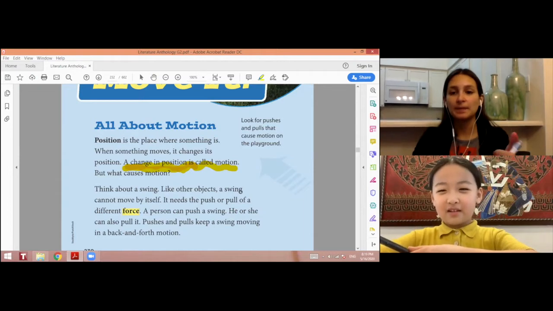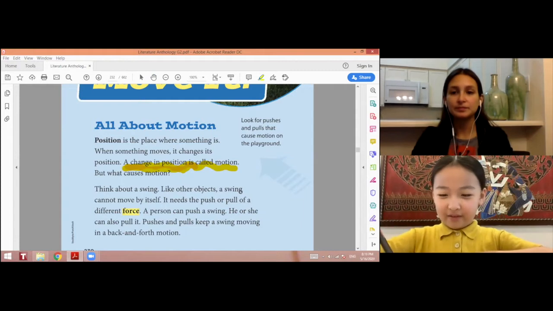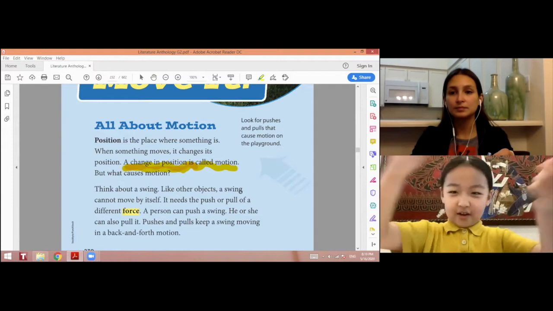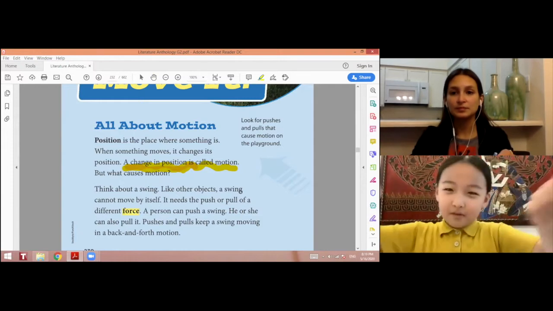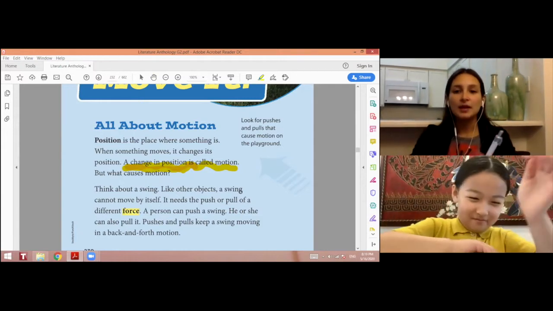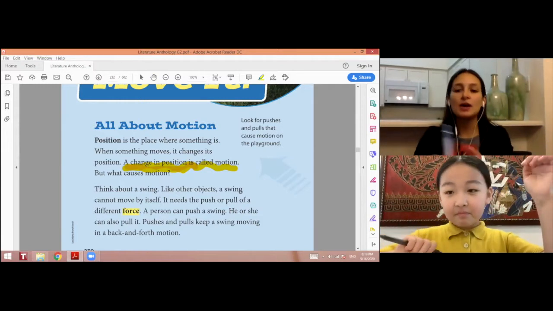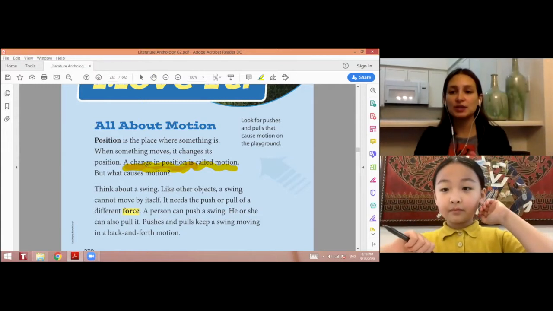Are you saying like change my pen? It doesn't really matter as long as you're changing the position of the pen.